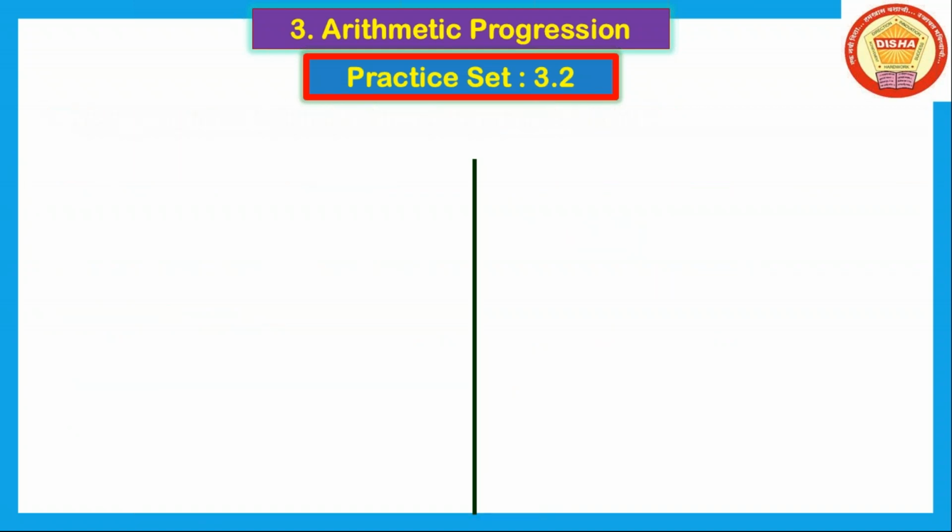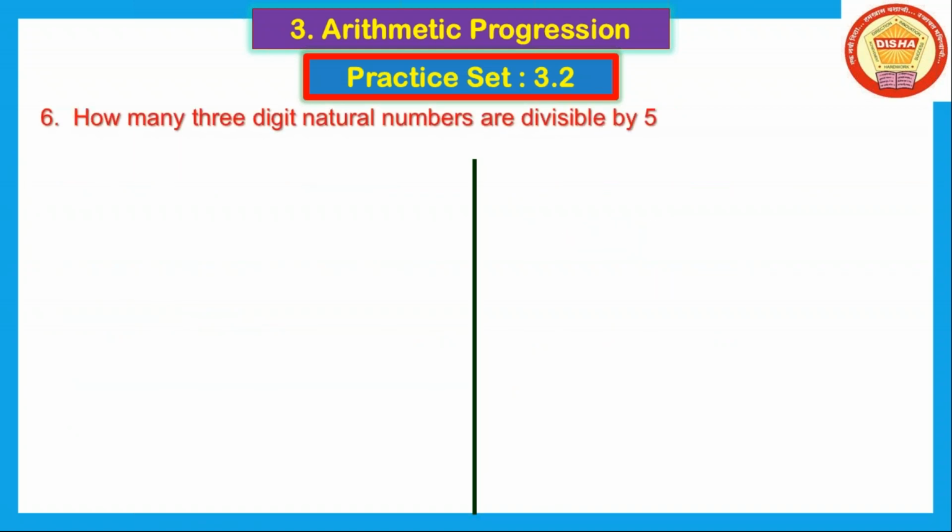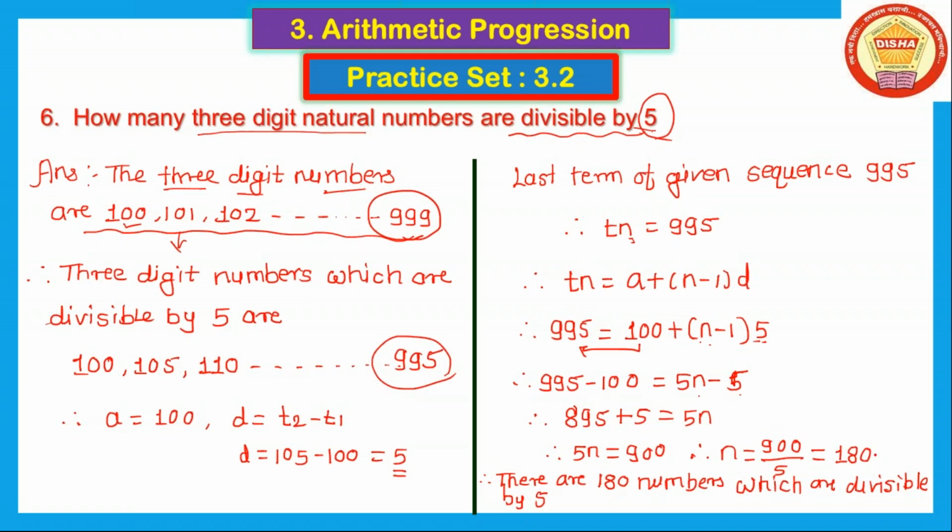The final answer is 180, means we see here 180 numbers are present which are divisible by 5. Means 3-digit natural numbers divisible by 5 are 180.